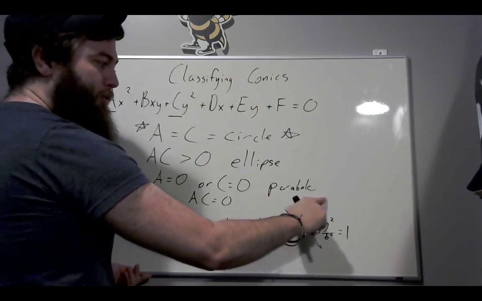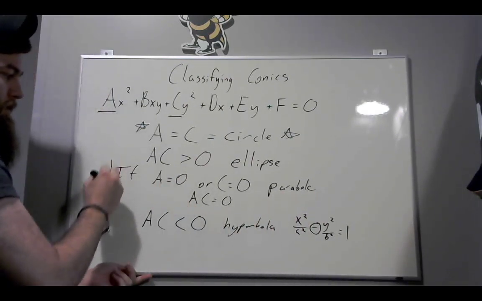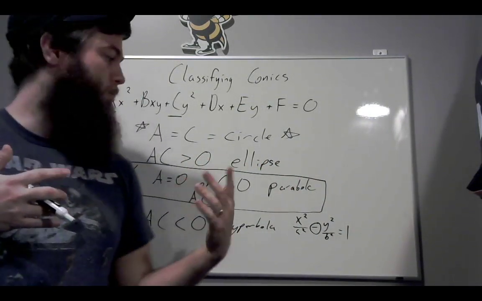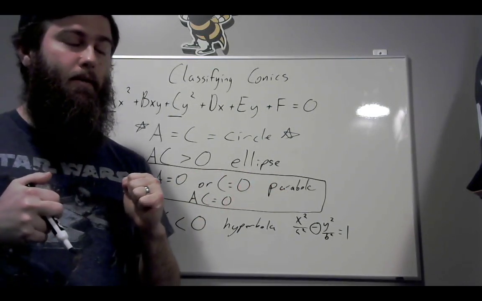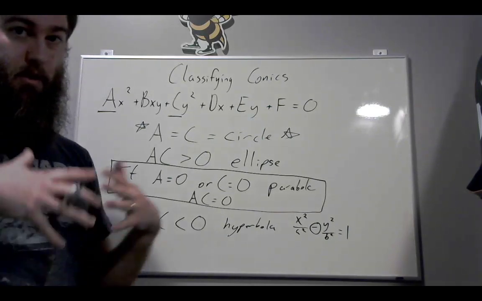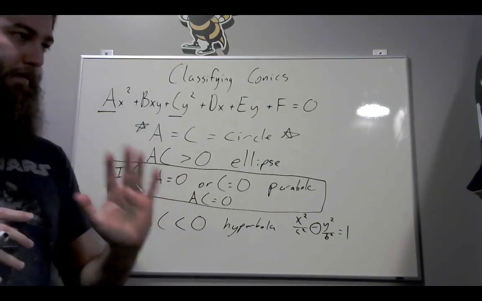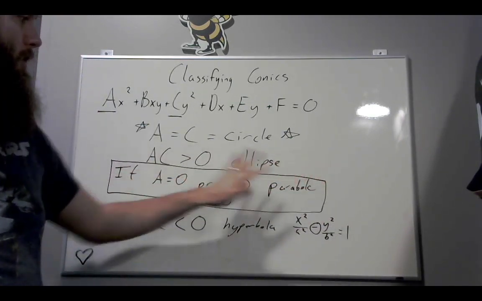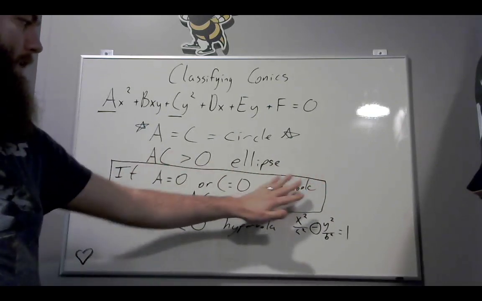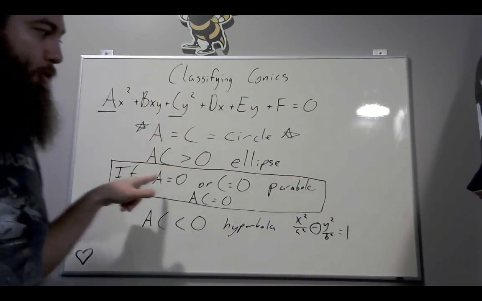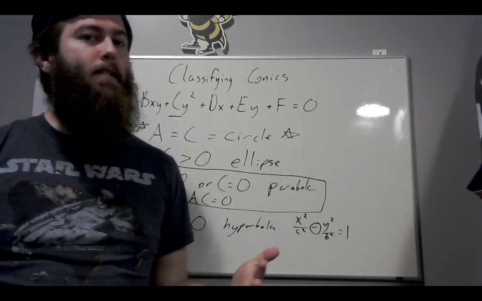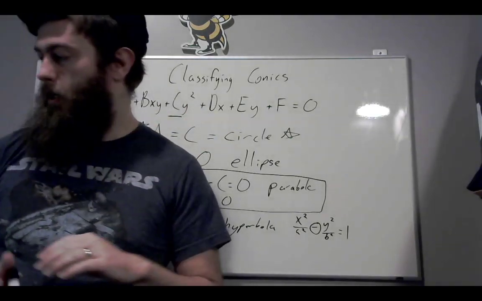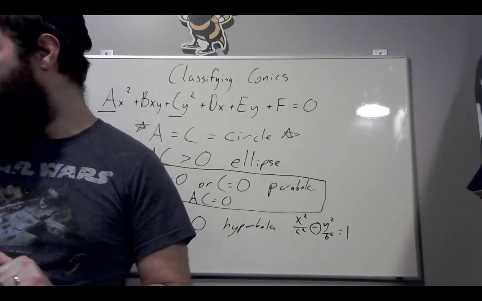But for my regular pre-cal kids, you're only going to focus on the parabola because we already did a lesson on how to make a parabola into the generalized formulas, into that vertex format. So again, general pre-cal, if you ever get a parabola as an equation, you must go further. Any other one, I'm just asking you to classify it. Accelerated, we're going to then look at an ellipse and a hyperbola. So we're going to look at some examples here in a second.